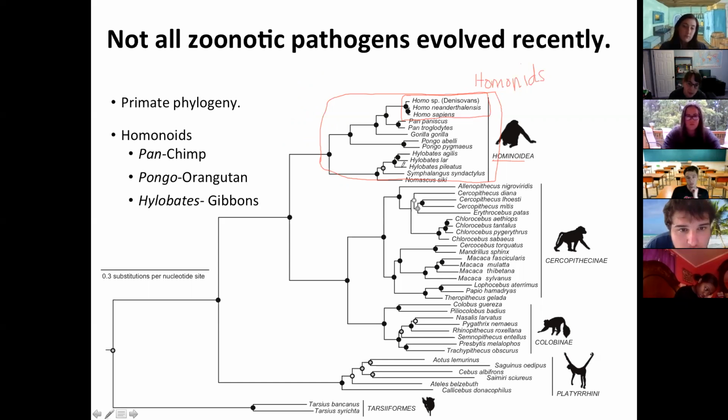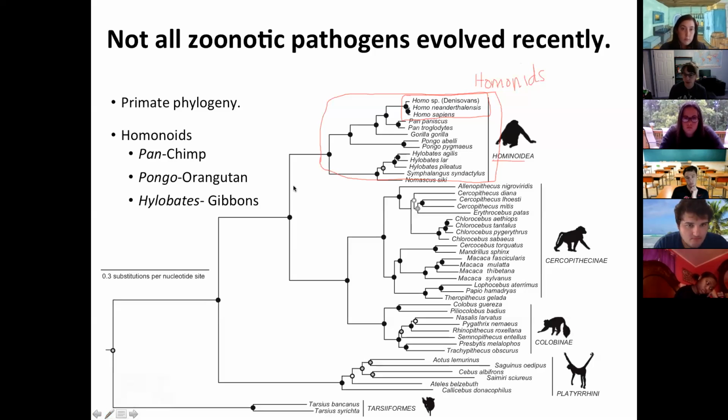And so when we're looking at coevolution, what you would expect to see is that if Homo sapiens have some disease, then if it's coevolution, the sister virus or sister pathogen would be in chimpanzees, and then our pathogen and the chimp pathogen would be monophyletic, and the sister should be gorilla. So we're looking at that mirroring of topology. You'd expect to see these same relationships, and to understand if it's coevolutionary, you have to know that phylogeny a little bit. So that's why I have this here. Okay.